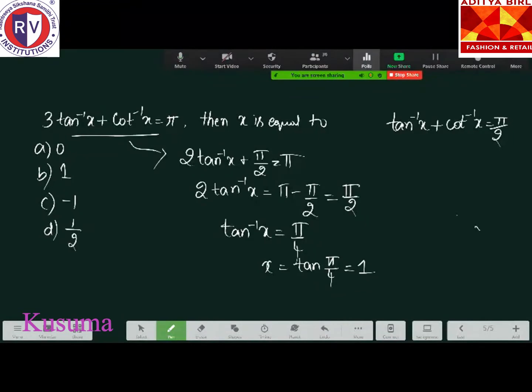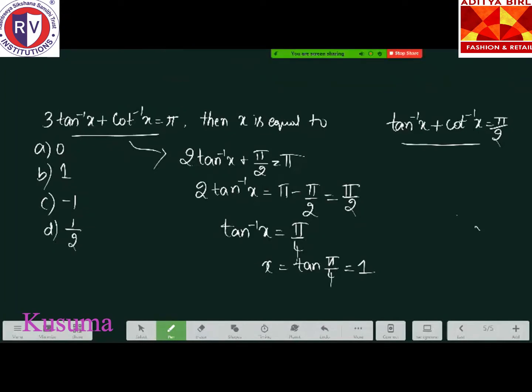Okay. So, got the answer? You understood this problem? This is very simple. We are just making use of this formula, that is tan inverse x plus cot inverse x is equal to pi/2. We substitute pi/2 in place of tan inverse x plus cot inverse x, and 2 tan inverse x out of this 3 tan inverse x is remaining.